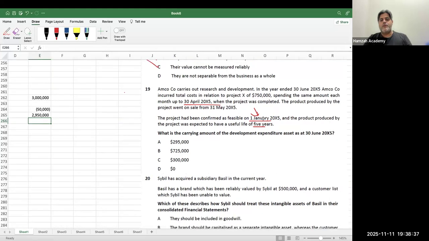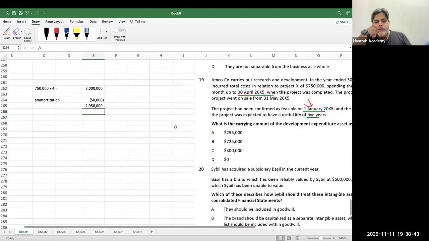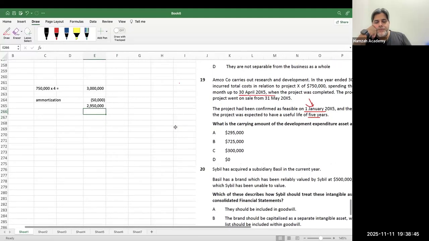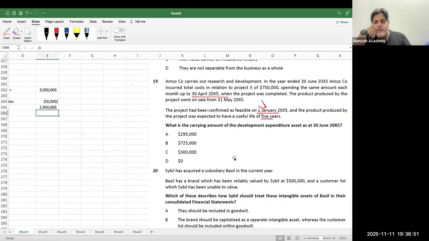Total cost in relation to the project was 750,000, and the same amount is spent each month. So 750,000 into 4 should be 3 million. I believe this is some sort of a typo error or something. What do you say?